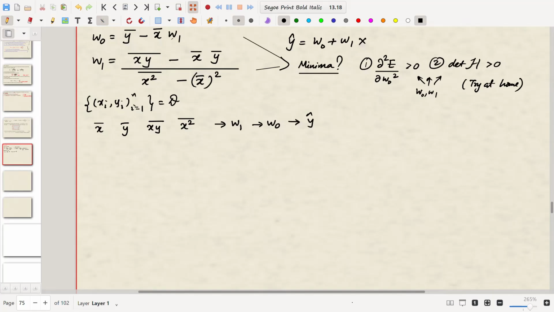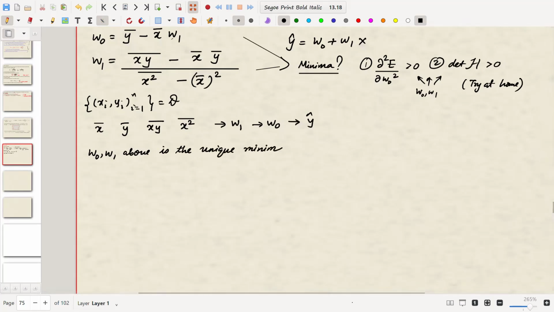What does it tell you? It tells you that this is the only best fit. This W0 and W1 is the unique minima.